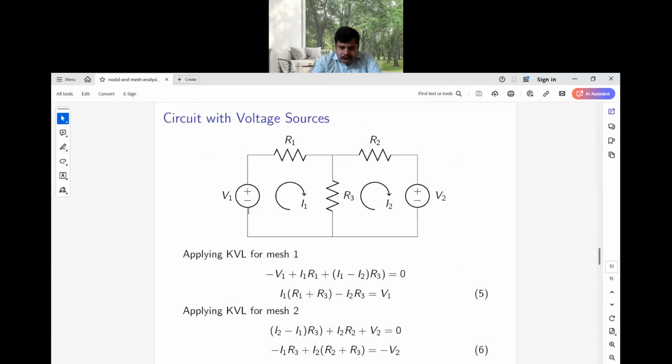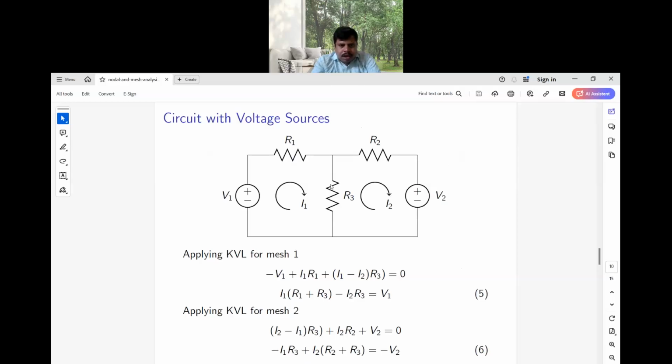According to KVL, in a closed loop, the algebraic sum of voltages is equal to 0. In other words, the source voltage is equal to the voltage drops in a loop. So V1 is the source. So minus V1 plus what is the drop in this R1? If you are assuming I1 as a loop current, I1 R1 is the drop across this particular R1.